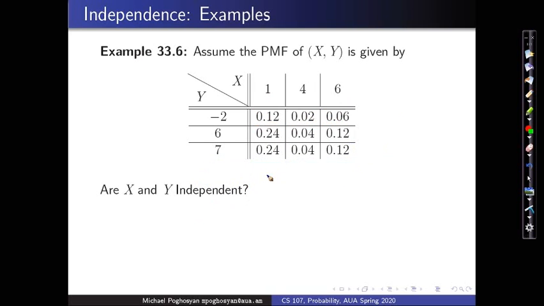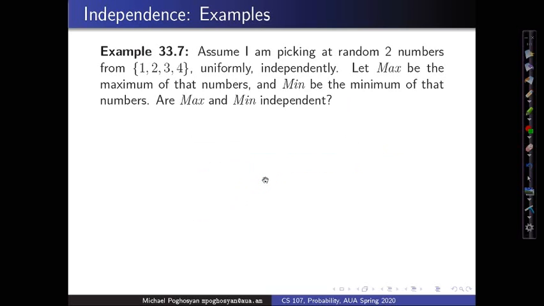Okay, let's move forward. Assume I am picking at random 2 numbers from 1, 2, 3, 4 uniformly and independently. So 2 numbers out of this independently. Let max be the maximum of those numbers and min be the minimum of those numbers.